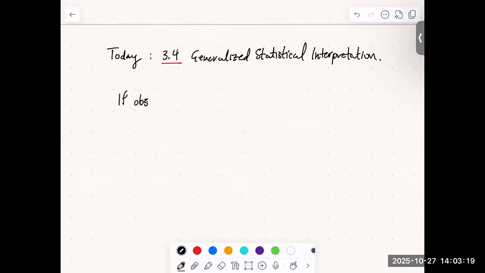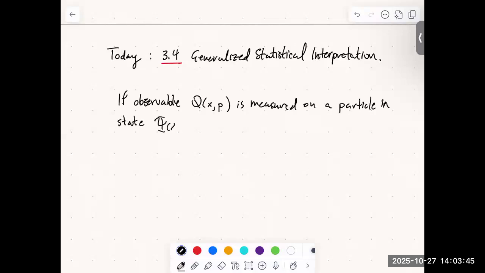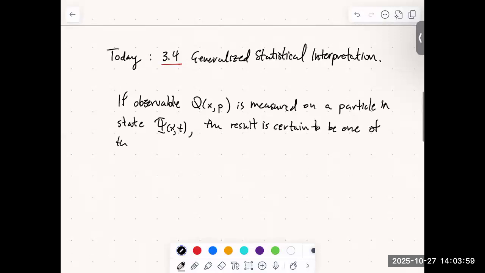If some observable q, so these q's can be functions of maybe position and momentum, is measured on a particle in state psi of x,t, the result is certain to be one of the eigenvalues of the Hermitian operator q hat.